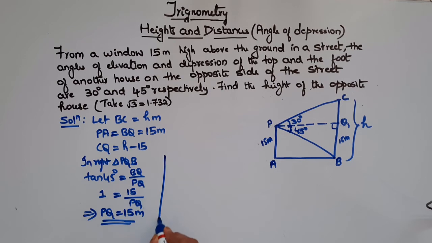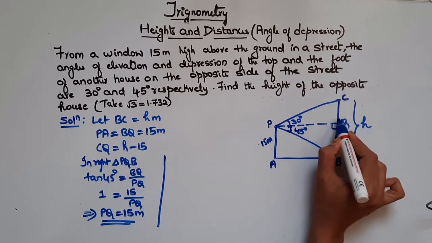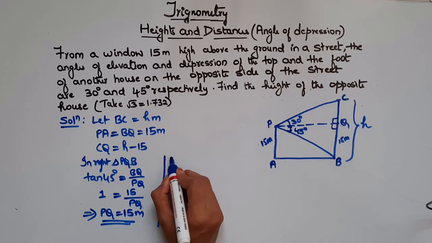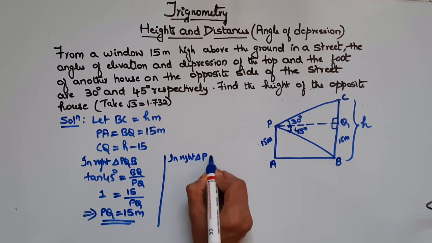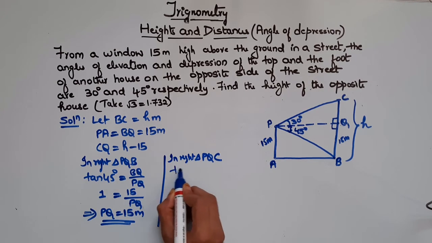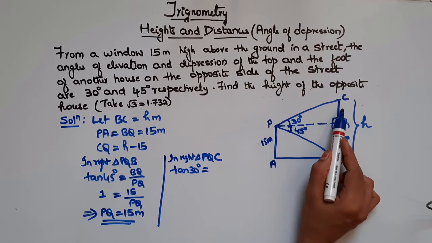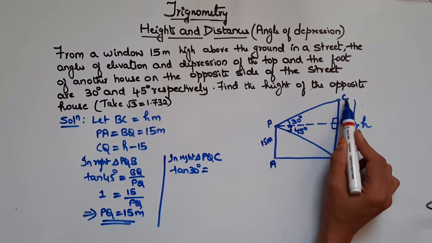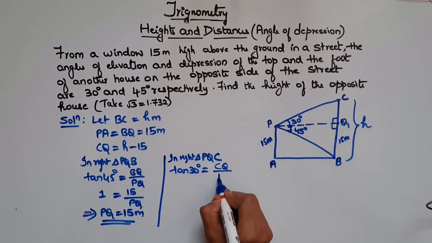Similarly, we have another right angle triangle here PQC, right? So now in right angle triangle PQC is tan 30 degree. So tan 30 is opposite by adjacent. So here opposite is CQ by adjacent here is PQ.